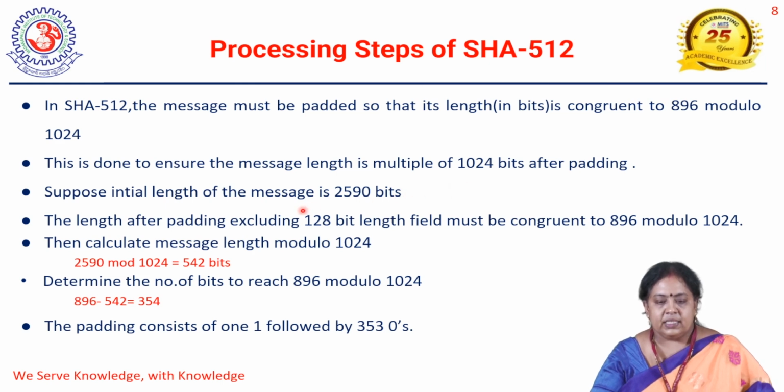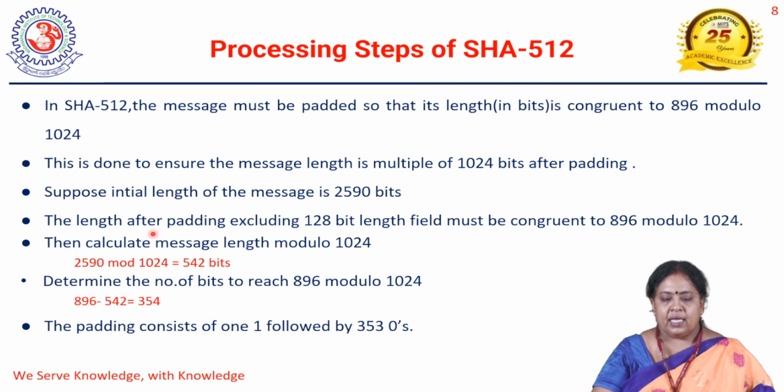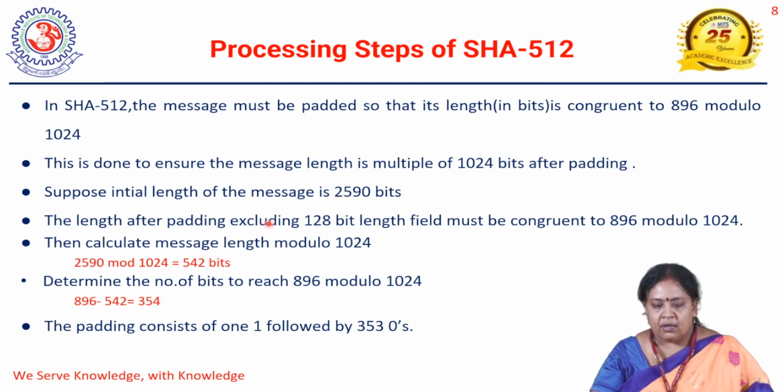Whatever the message is, its length must be congruent to 896 modulo 1024. That is the formula we are going to use. The message length should be equal to 896 modulo 1024.